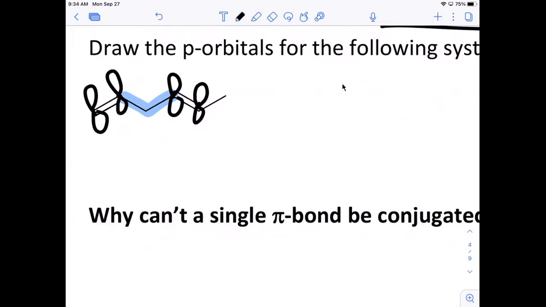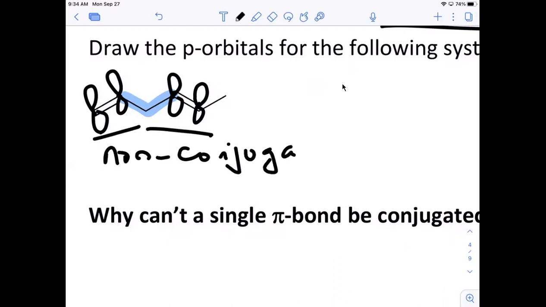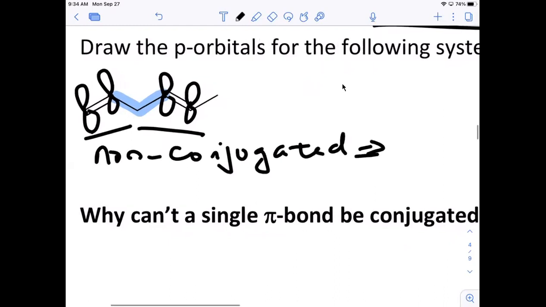So what do you think? Can you ask the question again? I was asking if those pi bonds are going to act independently, or will they act like a unit, like a 4-pi unit? Independent. Yes, because they're not conjugated, right? So the fact that these two pi bonds are not conjugated, they're going to act independently of one another.